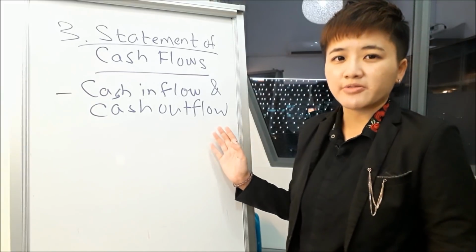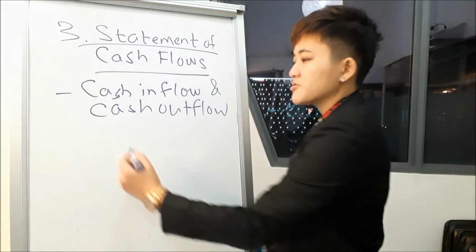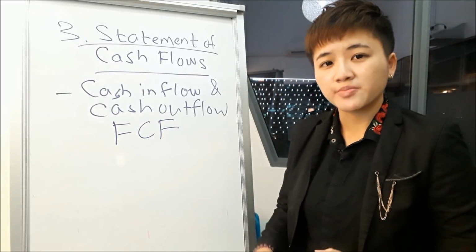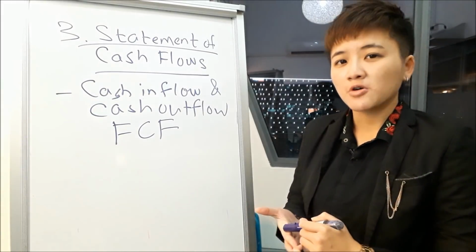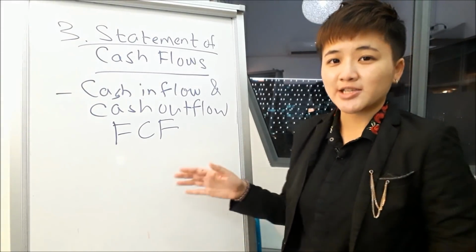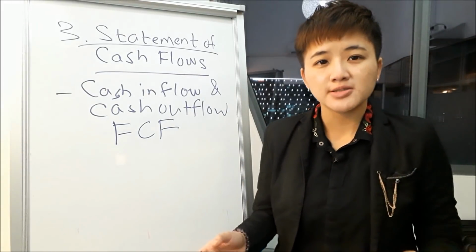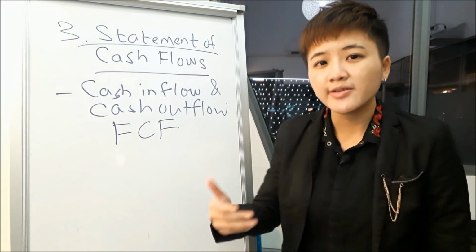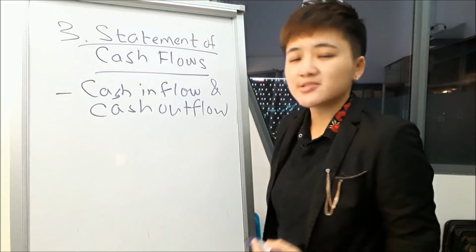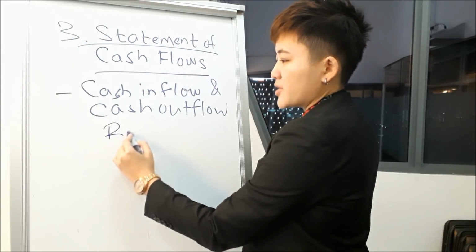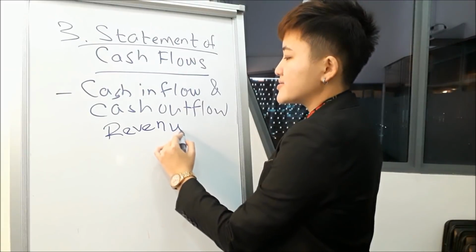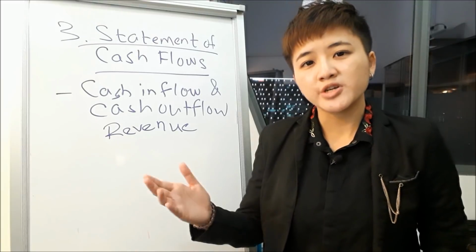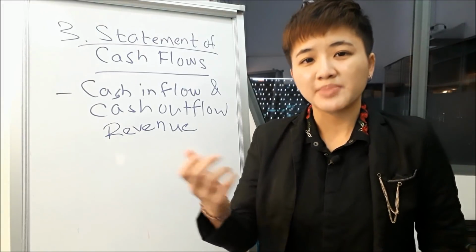Basically, when we look at the statement of cash flow as stock investors, we want to look at whether the company has free cash flow for it to pay for expenses and also to overcome temporary disasters. When the company is generating net profits, it doesn't mean that they have available cash on hand right now to pay for unnecessary expenses. It's because in accounting, when accountants recognize a sales revenue, it is recognized at the point in time in which it is incurred, not when the payment is received.